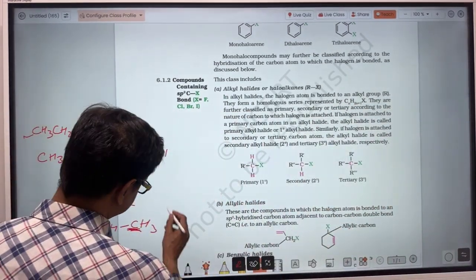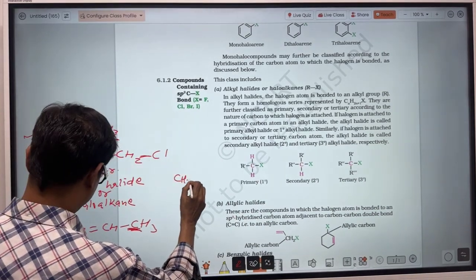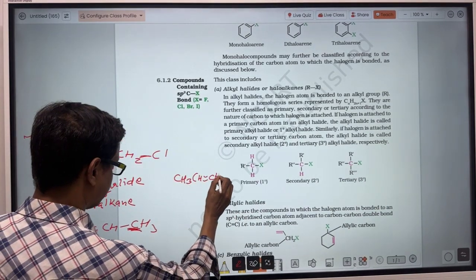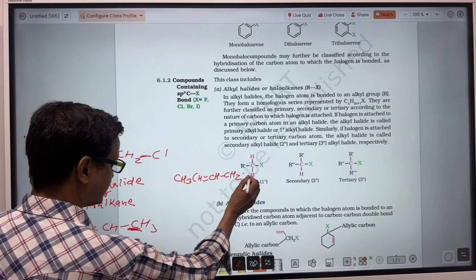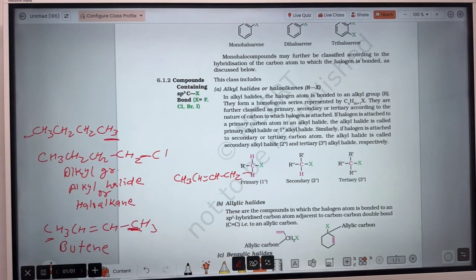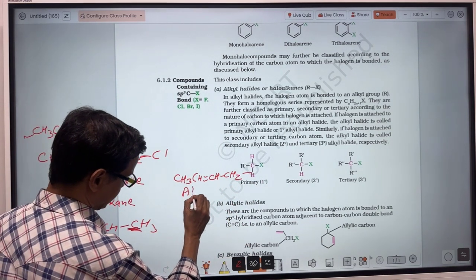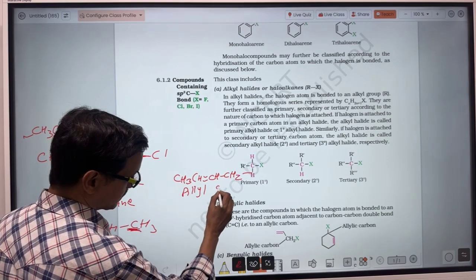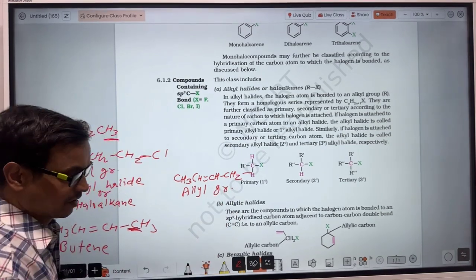The structure will be like this. Valency is left here, so that will be called an allyl group.